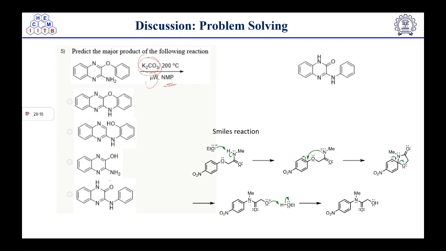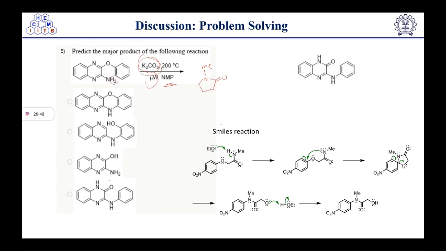We have discussed it, right? So the structure of NMP has a methyl group on N, N-methyl pyrrolidone. Here we have the Smiles reaction. The base will abstract the proton from this NH2.